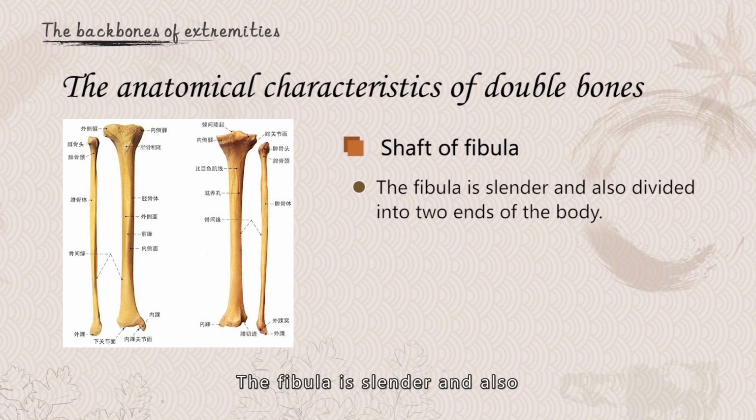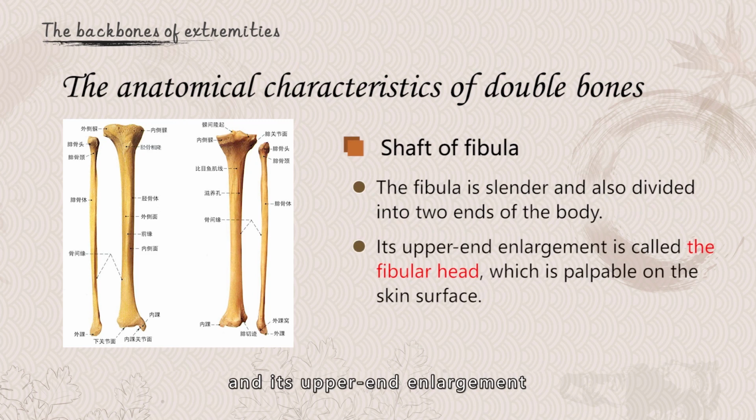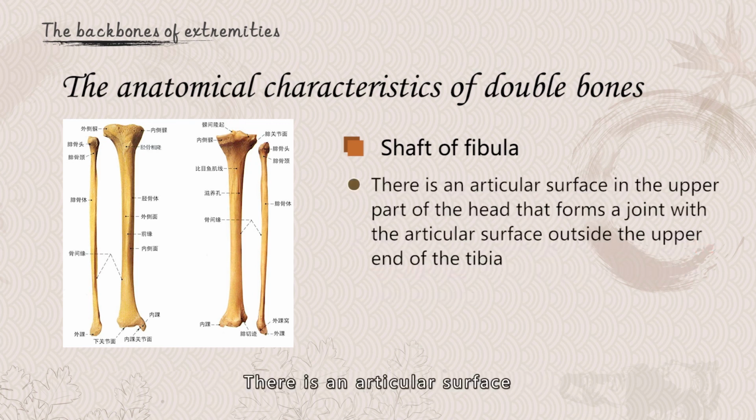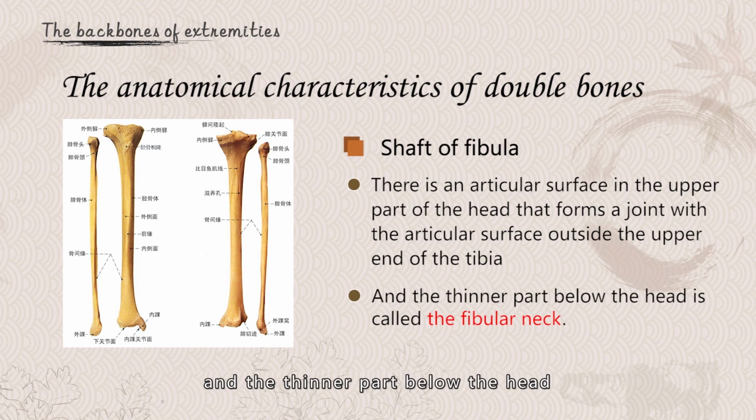The fibula is slender and also divided into two ends and a body, and its upper end enlargement is called the fibular head, which is palpable on the skin surface. There is an articular surface in the upper part of the head that forms a joint with the articular surface outside the upper end of the tibia. The thinner part below the head is called the fibular neck.